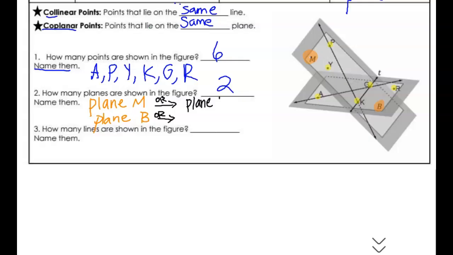Okay. What else? P and G. Good. P and G. Thank you. Okay, what about plane B? What 3 points can we use for plane B? This one. R. R, good.